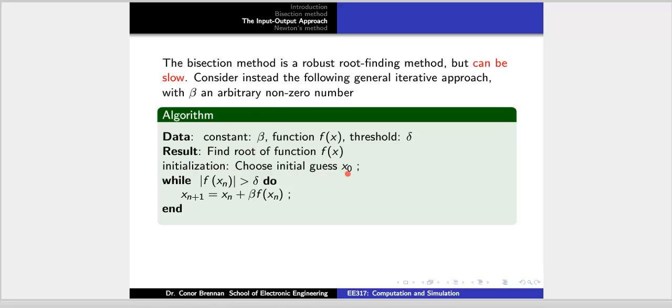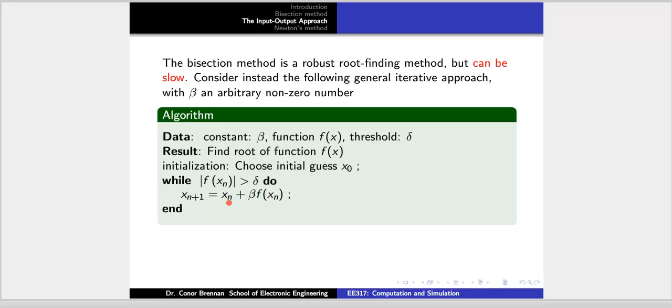We initialize by choosing an initial guess x0. So we just have a single number. We don't start off by bracketing a root as before. We just start off with a guess, x0, picked at random if need be. While the absolute value of f of xn is greater than the threshold, in other words, our latest estimate is most definitely not a root because its function value is very much greater than 0, you do the following.